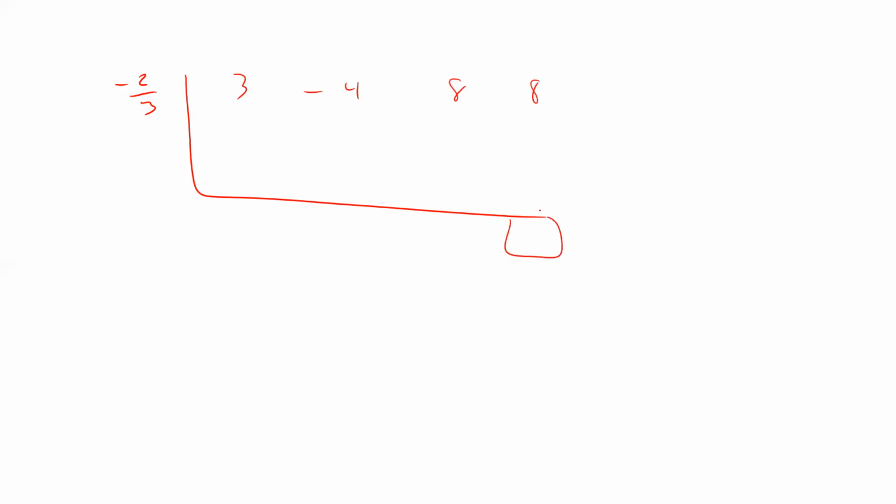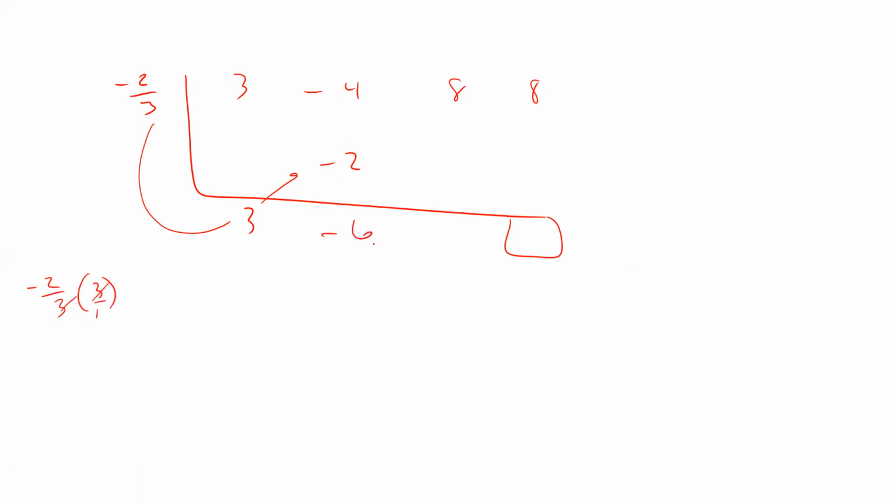Go ahead, Abe. I bring down the 3 and I multiply back up. -2, yeah, -2. And if you need to do it off to the side, that's fine. Just gonna go like this, or 3/1, 3 is gone.